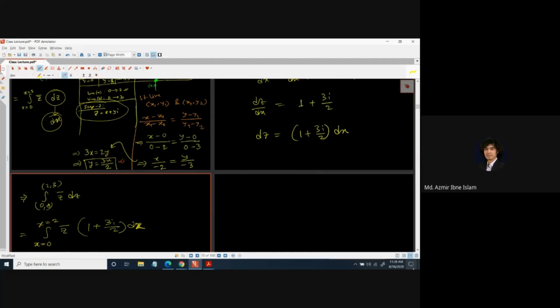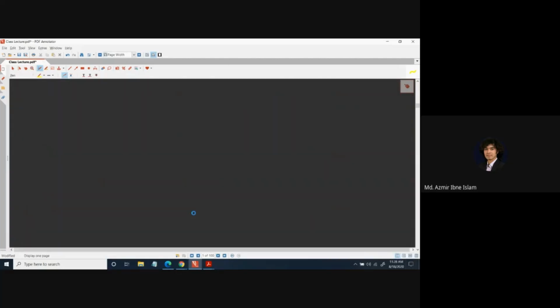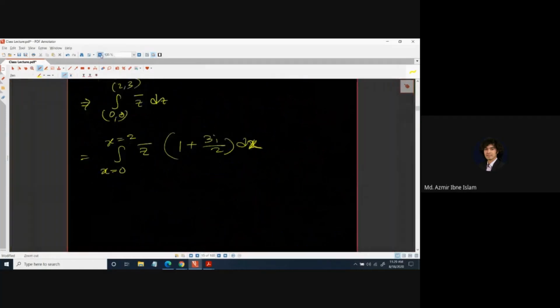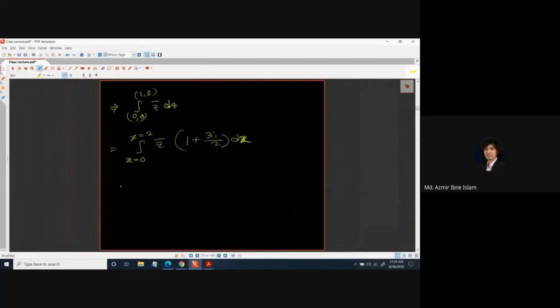Okay, so let's work with this one now. You can see that 1 plus 3i by 2 is a complex number, acting as a constant. So we can pull this one before.